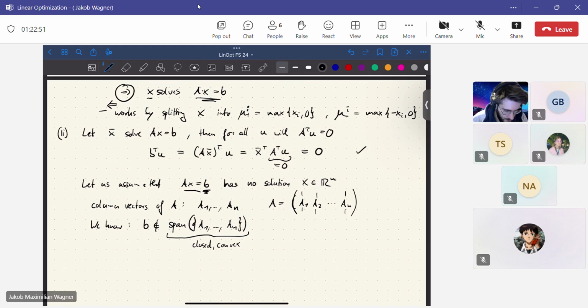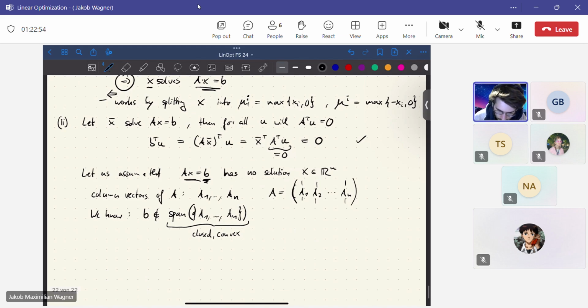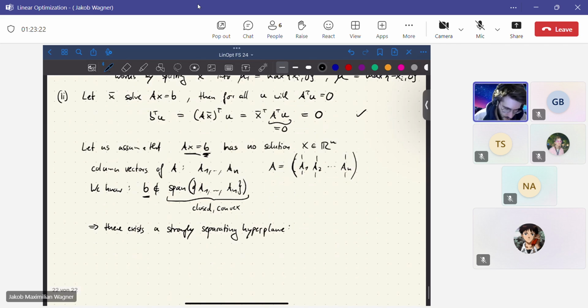And so since b is not in this closed convex set, we can find a strongly separating hyperplane. What does this mean?